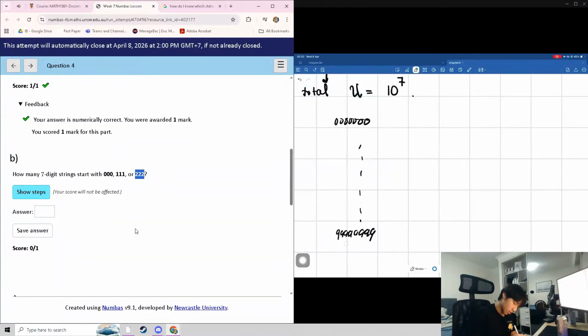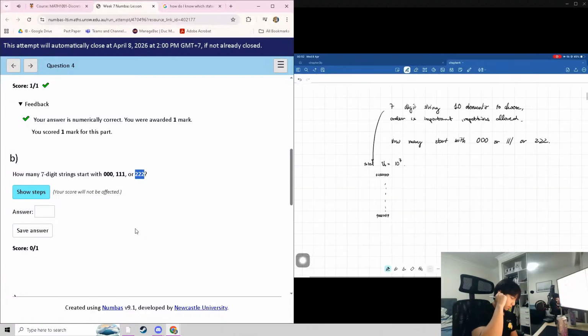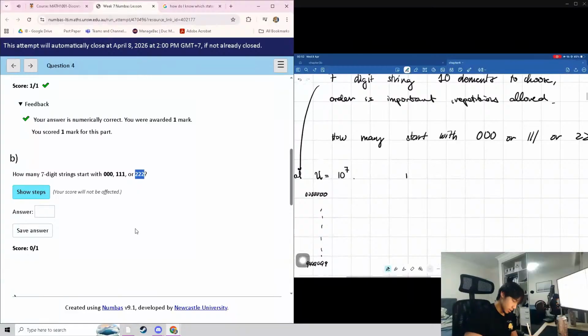1, 2, 3, 4, 5, 6, 7. Okay. So let A be the set of numbers starting with 0, 0, 0.